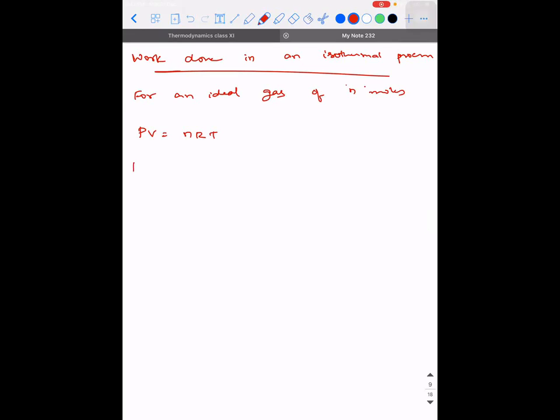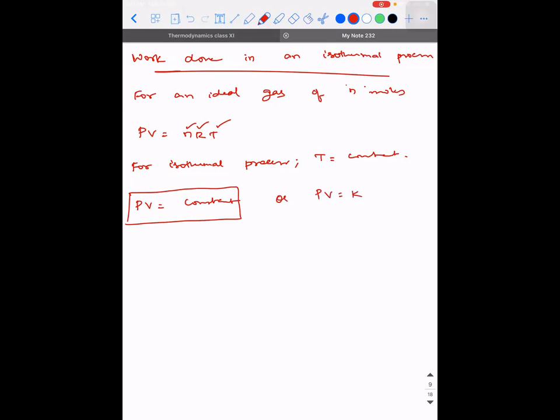Now, for isothermal process, T is constant. When T is constant, can I say PV is equal to constant, because number of moles will be constant, R is already a constant, and T is also constant? Or I will write PV is equal to some K. Guys, are you clear with this step?